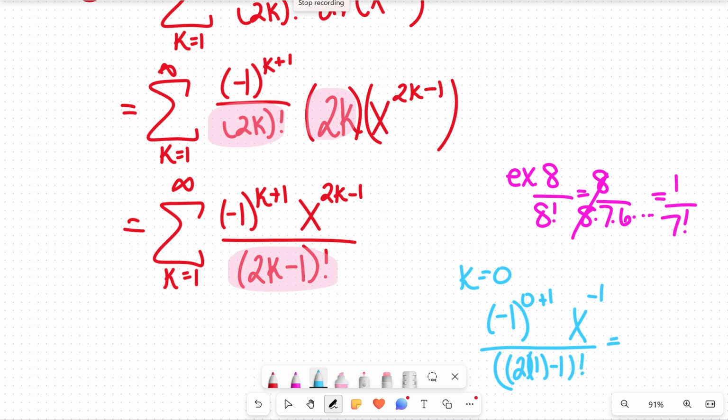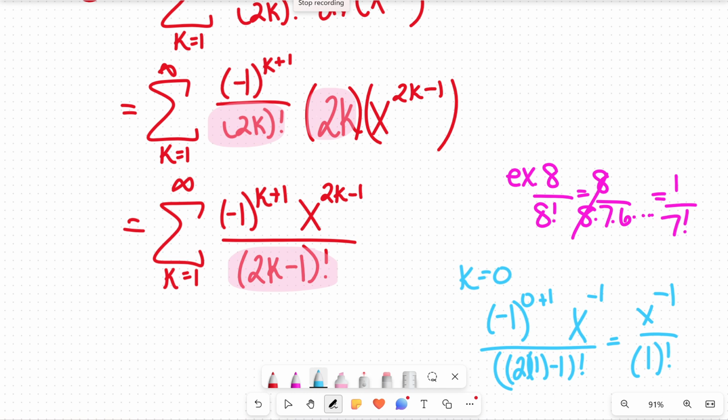So this is going to simplify down to negative x to the negative 1 power over, this is minus 1, over 1 factorial. And I can't have x to the negative 1 power. Our summations don't work that way. We only have our positive integer exponent. So this is why we had to take out that first term.